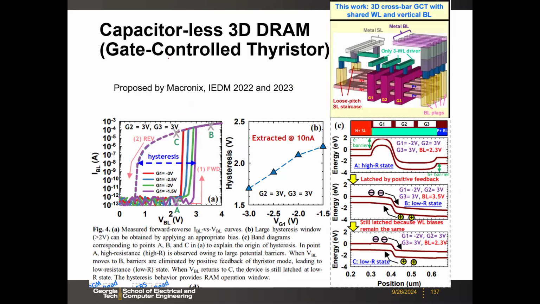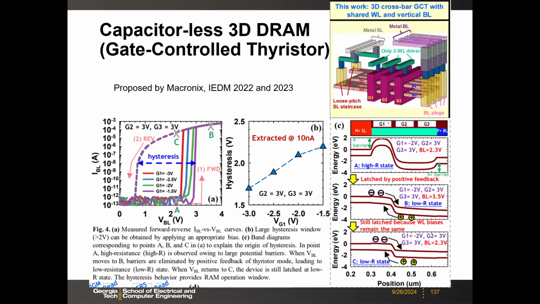They had a different design using this gate-controlled thyristor for the 3D stackable DRAM. Here, basically, they're going to have another sheet and then 3 gates. By changing the gate voltage, you play with the band diagram along the source to the drain with the 3 gates.